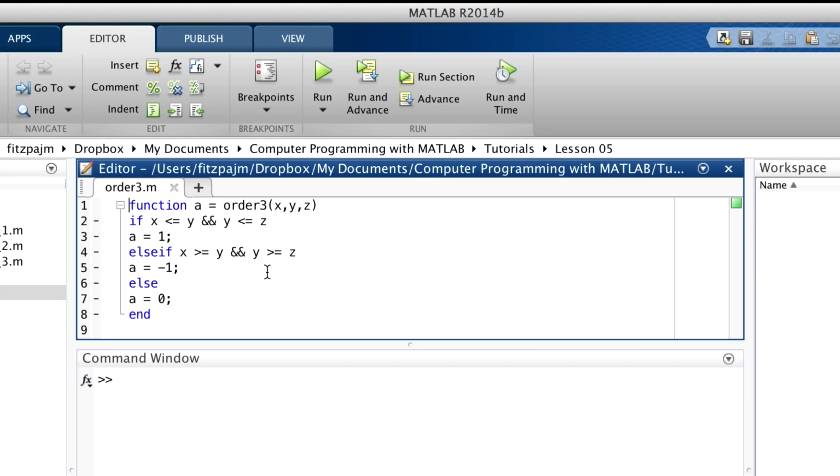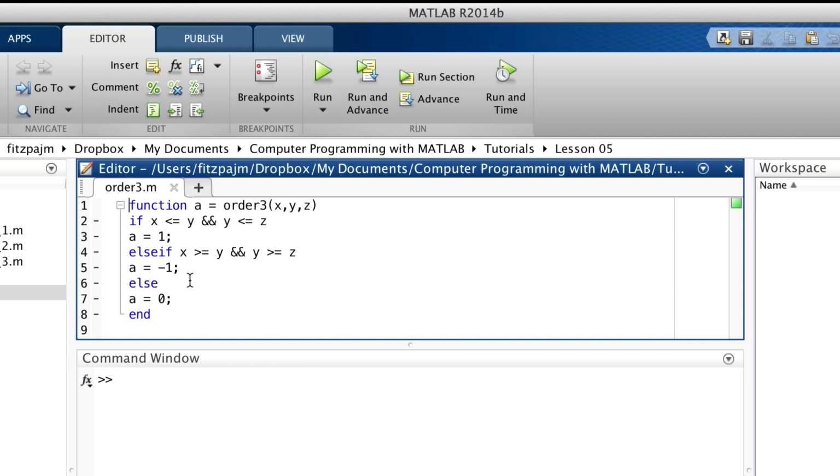If both of these relationships are true, the AND operation will return true, and we know that the three numbers are in non-increasing order. In that case, a is set equal to -1. The if-else-if-else statement terminates, and so does the function, and since it returns a, the function returns a -1.